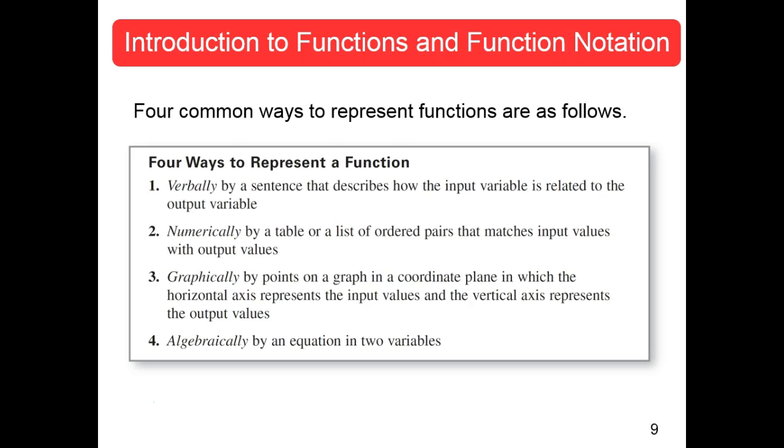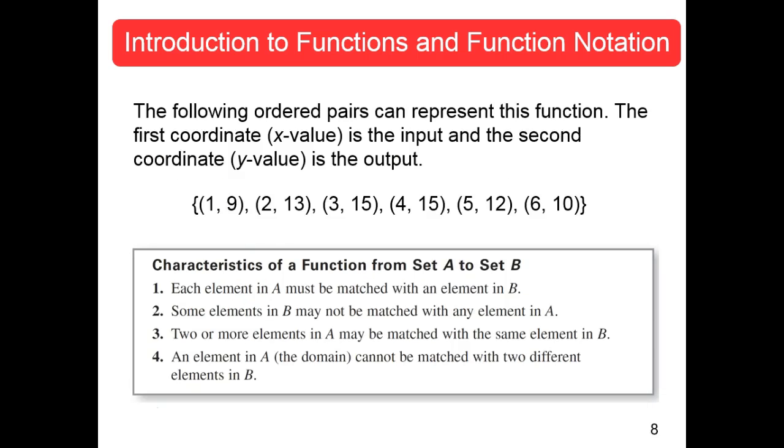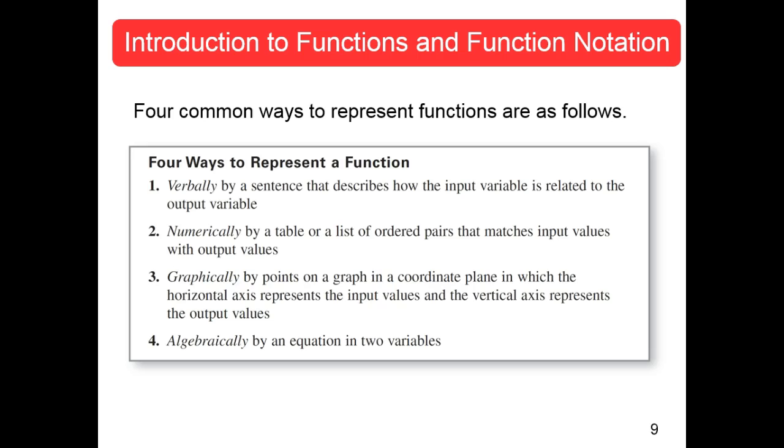Now that list of ordered pairs, and later we'll do this, especially if you're graphing this function, you might want to put the input in the first and the output in the second, have it in a table there. A good old T-table makes it easier to graph. Same ordered pairs, 1 and 9, 2 and 13, it's just you do them in tabular form rather than ordered pairs form. So that's numerically in a table or a list of ordered pairs that matches the input values, always the first, with the output values always the second.